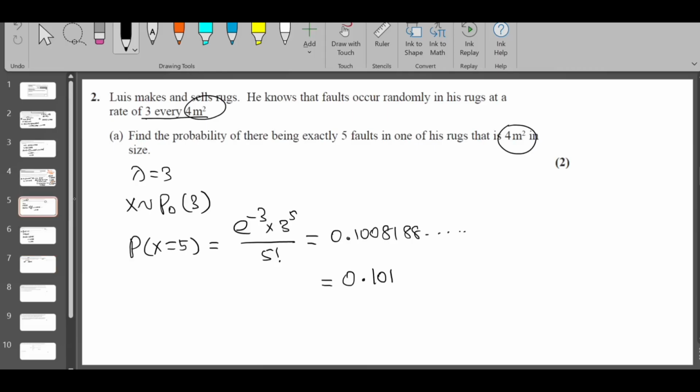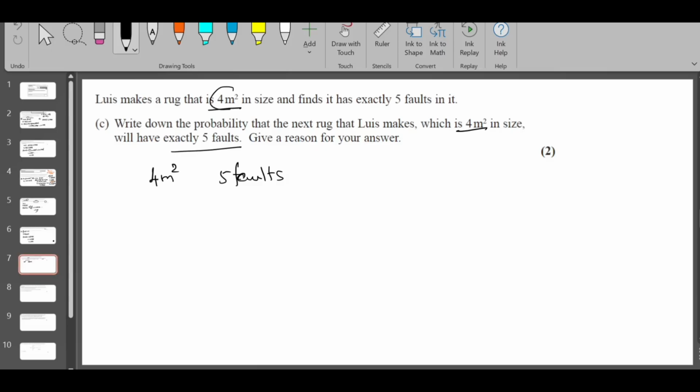For a 4 meter square rug, exactly 5 flaws, we got this probability. And when he makes another rug, here we are applying Poisson distribution, so we assume that the flaws occur independently. So just because he made one 4 meter square rug and got 5 flaws in it, when he makes the next rug with the 4 meter square size and finds exactly 5 flaws, the probability should be the same. It will not change.